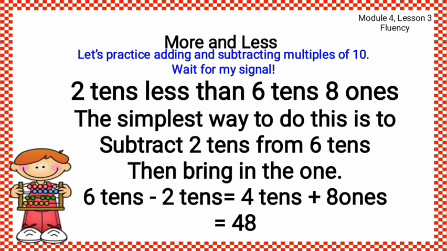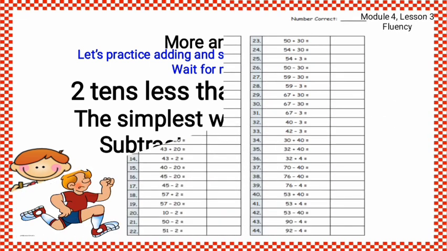And the last part of my instruction says bring in the ones. So I'll say 4 tenths plus 8 ones, which is 48. So 2 tenths less than 6 tenths 8 ones is 48, which in other words is 4 tenths 8 ones. The ones didn't change. But in the next question, I'm going to touch the tenths and the ones.